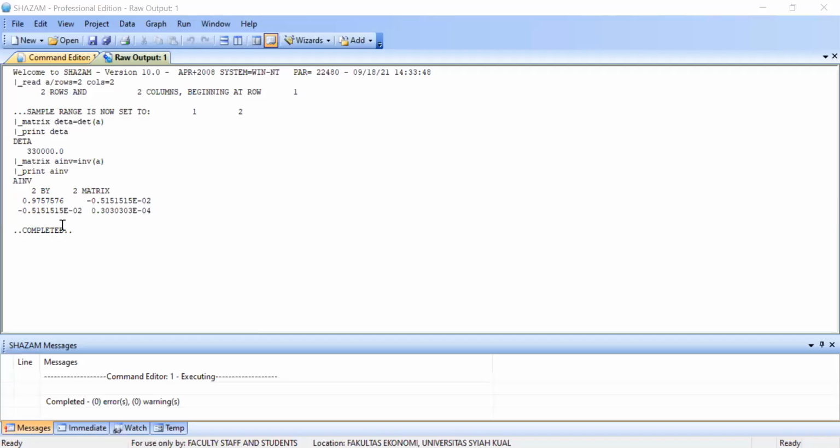Okay, and we get the result equal to this one: 0.975 something, and the first row, second column is minus 0.0051 something, and so on.